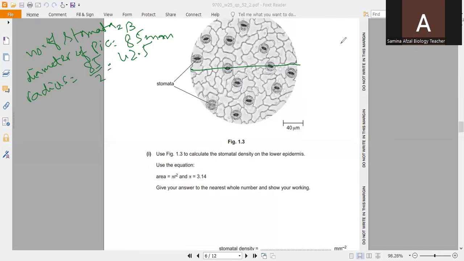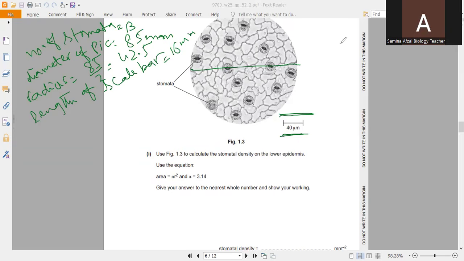And you can see the length of the scale bar. They have given us this scale bar. So it is 16 millimeter, and they have given 40 micrometer. So first we have to find out the actual radius in millimeter.